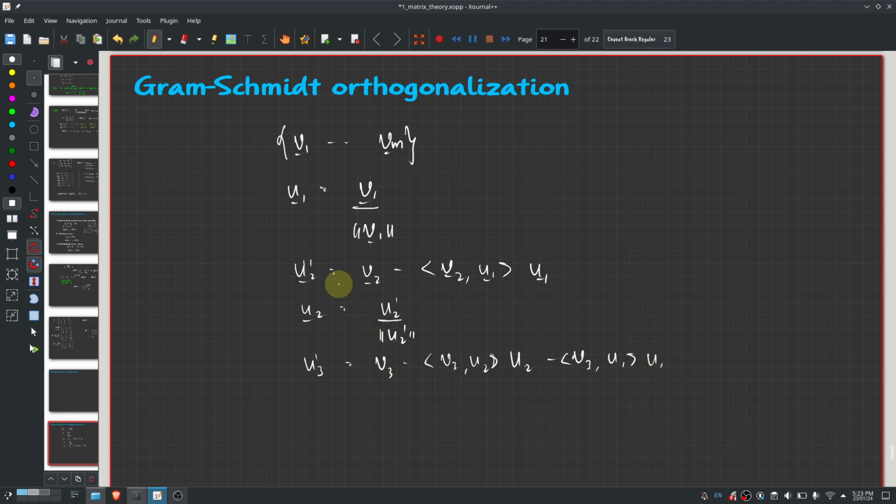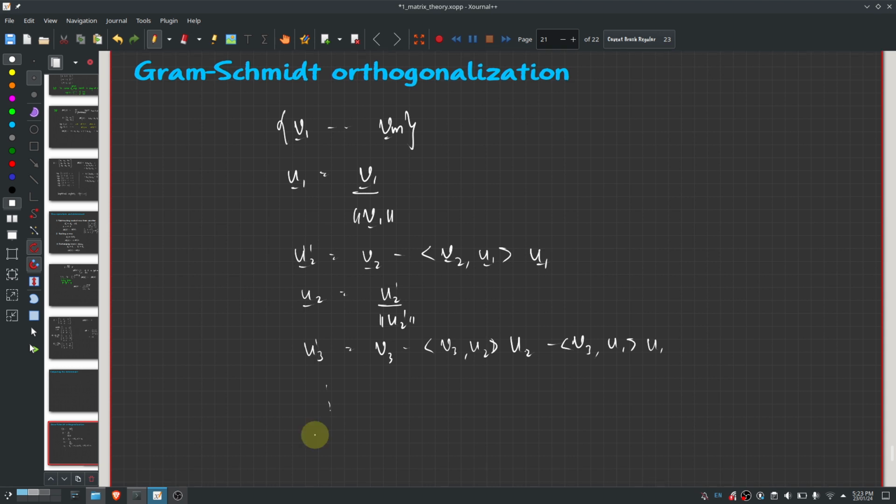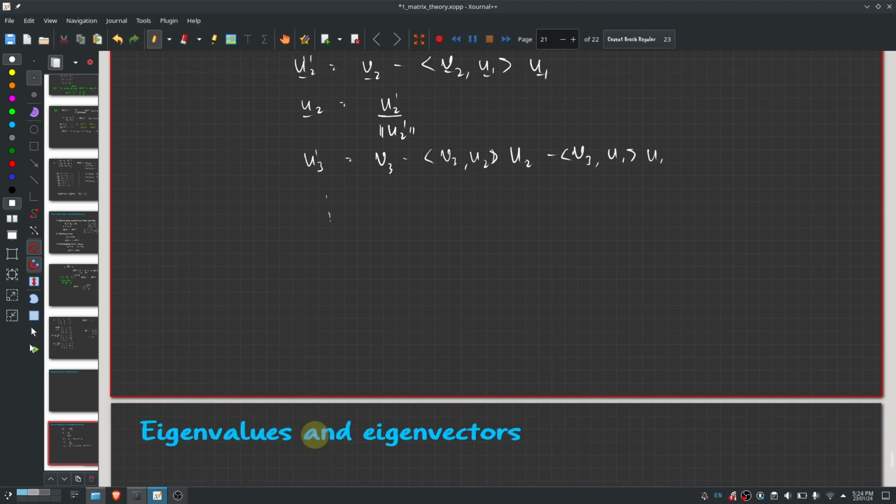So the projection onto the subspace spanned by u1 and u2, and then you normalize, and so on, right? Assuming that u2, u3, all of these are non-zero vectors. Okay, if v1 through vm were all linearly independent, then you would get an orthonormal basis of size m, right? A set of m orthonormal vectors. All right. Okay. Very good.